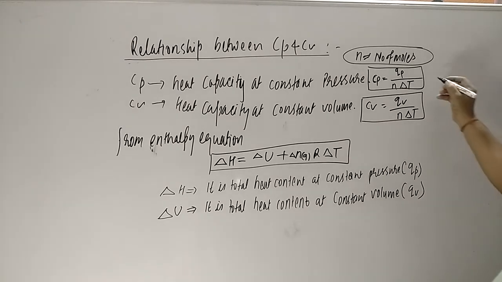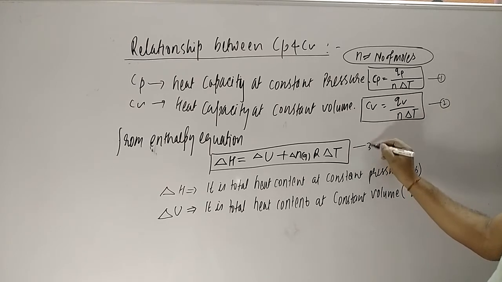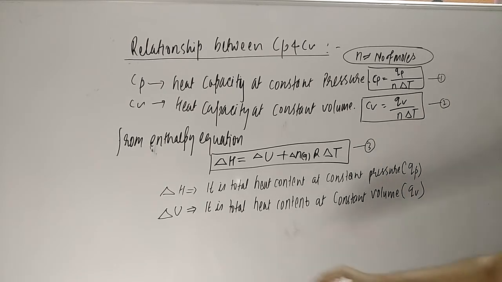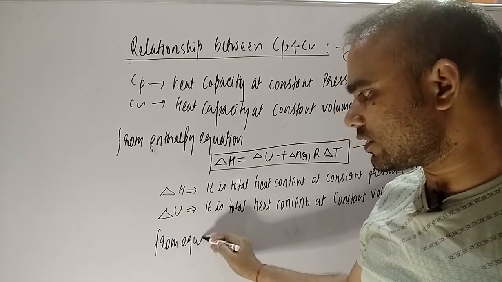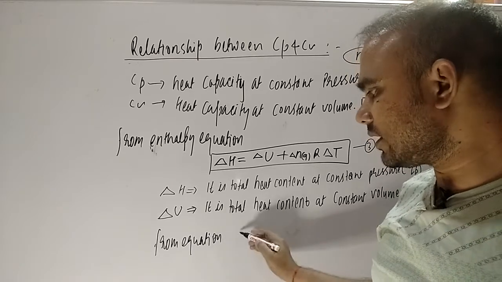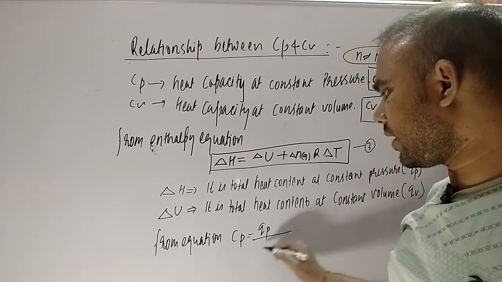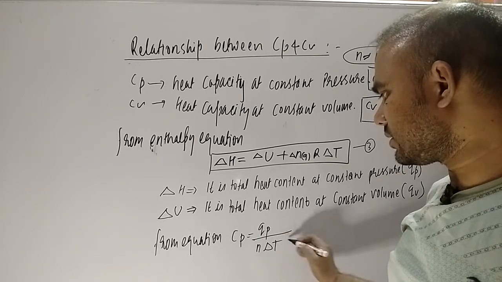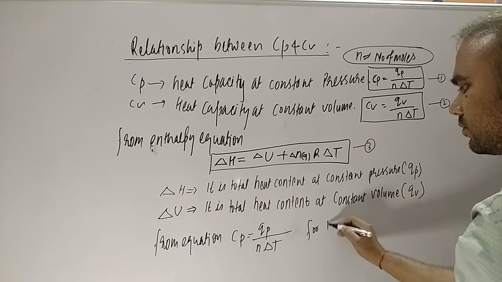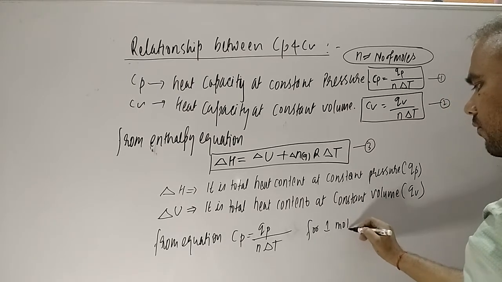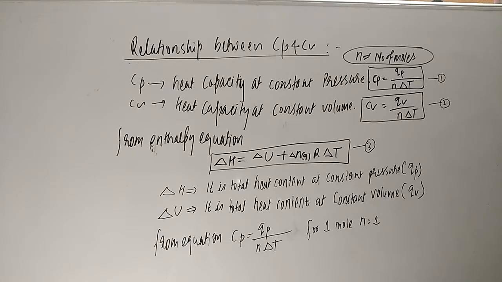Okay, now this is equation 1, this is 2, this is 3. So from equation 1, CP is equal to QP upon n delta T. For 1 mole, n is equal to 1.